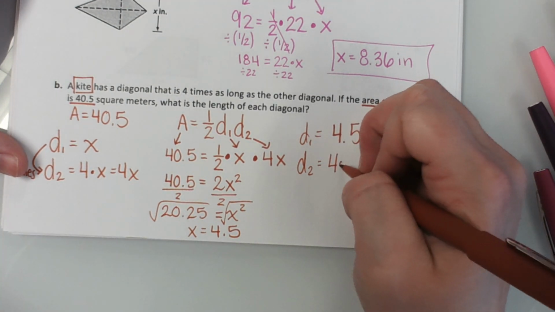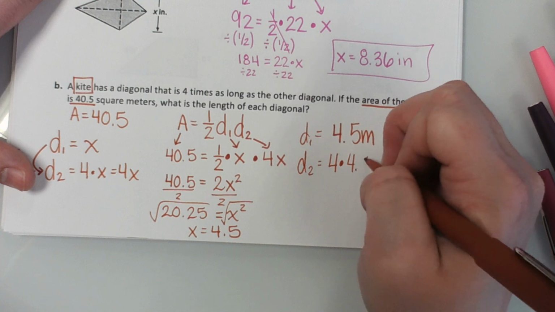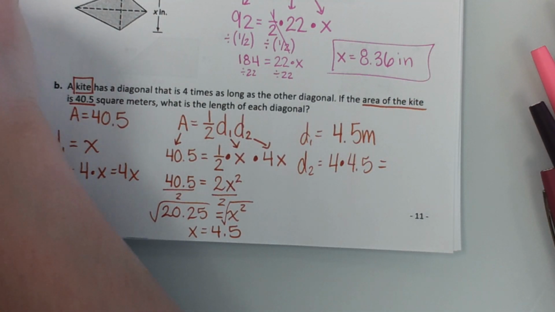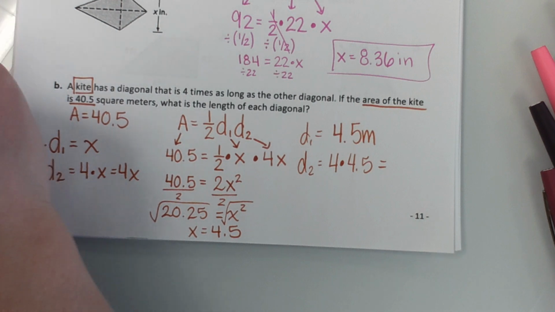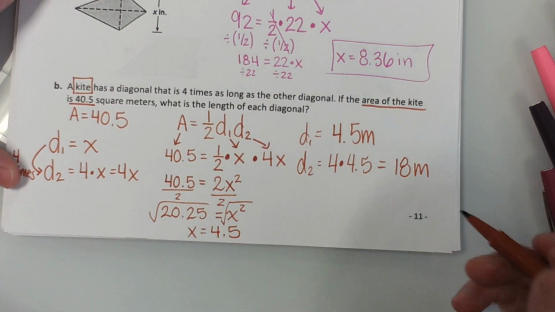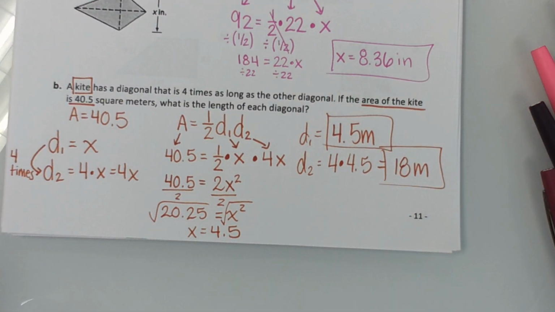Multiply that by 4 because it's 4x. 18? Meters. Diagonals are 4.5 meters and 18 meters. Doesn't matter which one's D1, which one's D2, those are just the lengths of them.